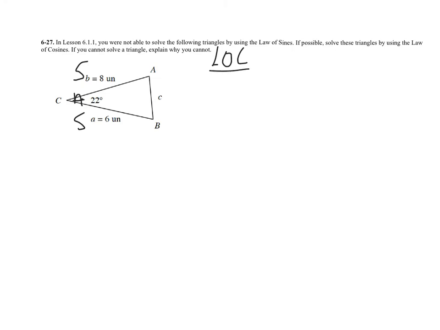That's our little abbreviation for law of cosines. And that says side C squared has to equal A squared plus B squared minus 2 times A times B times the cosine of 22 degrees.